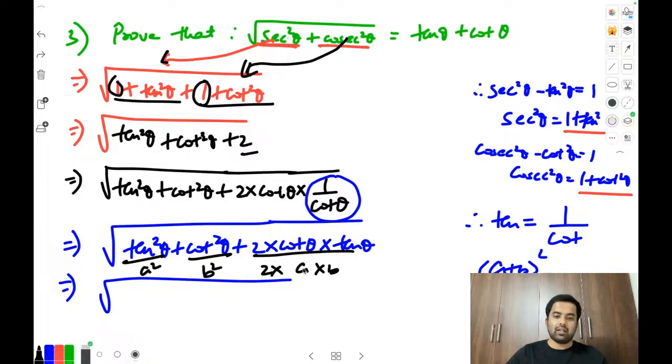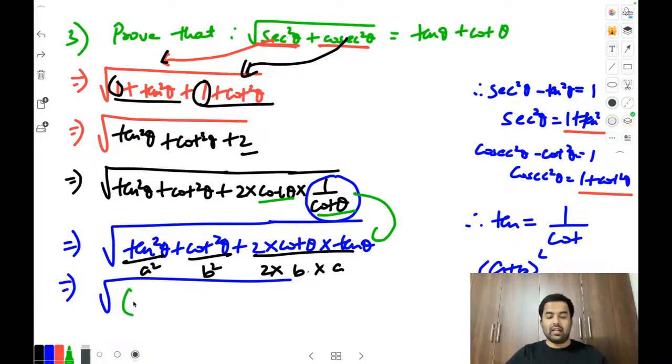Either we say a into b or b into a, same thing. So in the first step we divided cot theta upon cot theta, then cot theta was replaced by tan. Now we got the pattern a square plus b square plus 2ab.